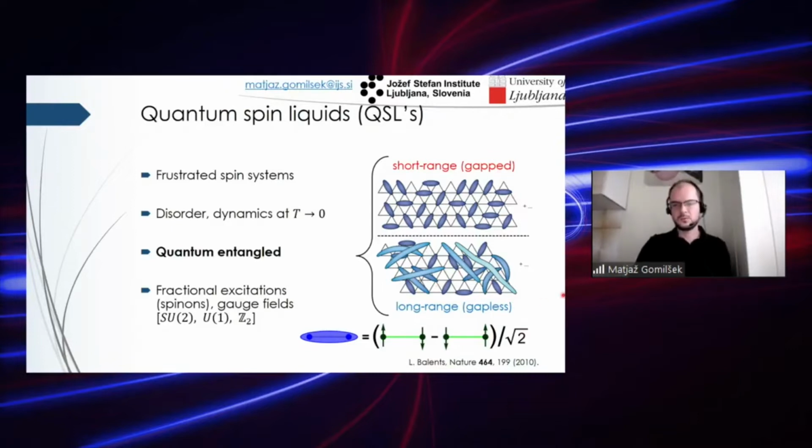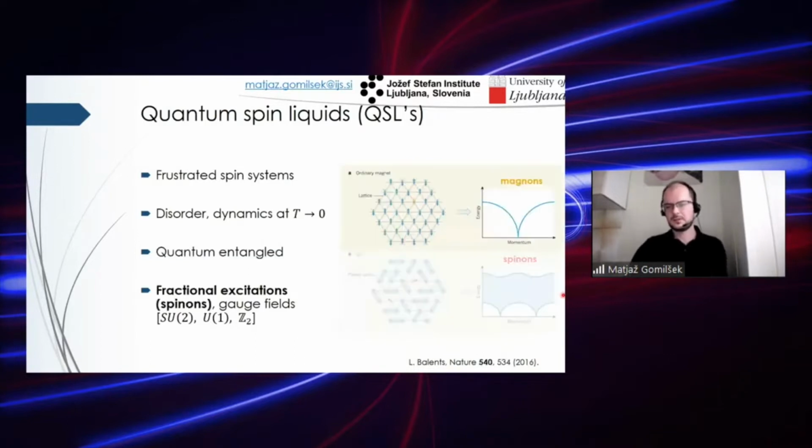So when I'm talking about a gap or a gapless system, I'm talking about excitations. So for a classical magnet, so an ordered magnet, the usual case with little frustration or classical spins, a single spin flip produces a localized excitation which can move only on its own. So it's a spin 1 excitation, but that has a sharp dispersion as a magnon usually.